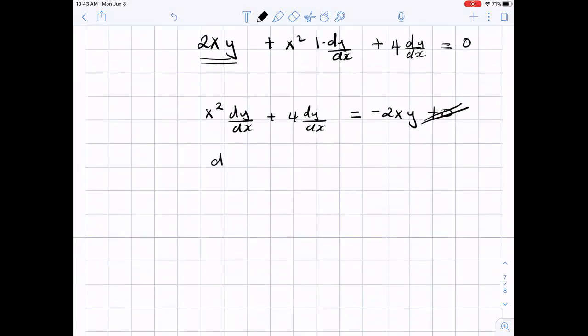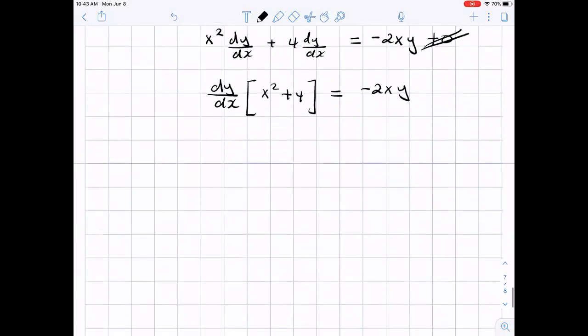Factor out dy/dx, so dy/dx times x squared plus 4 is equal to minus 2xy. So finally we have dy/dx is equal to minus 2xy over x squared plus 4.